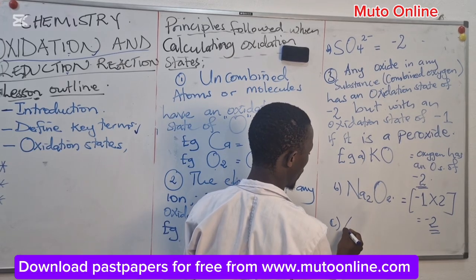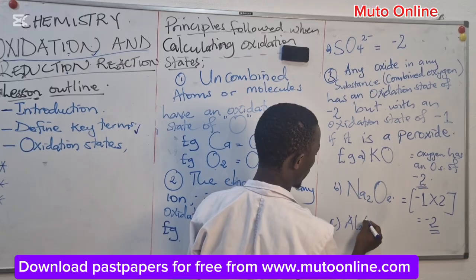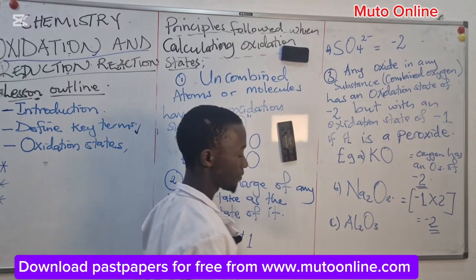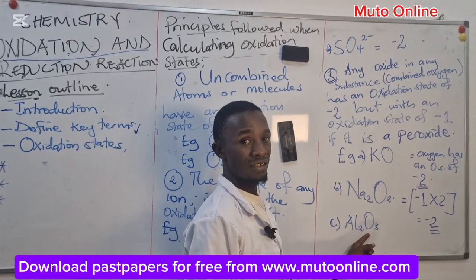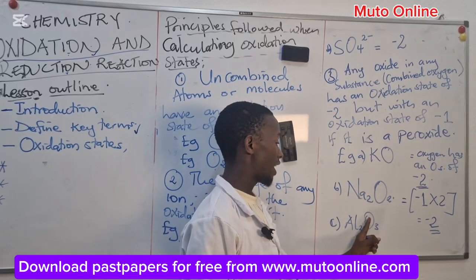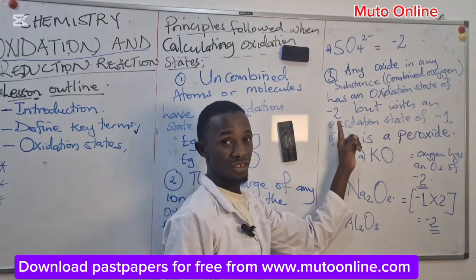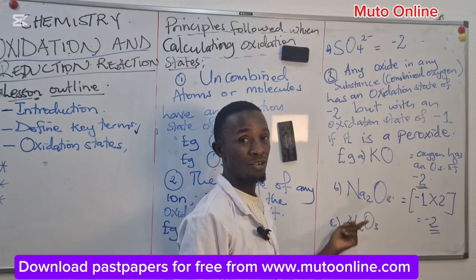For example, in aluminium oxide, the oxidation state of oxygen remains -2 if it is an oxide, not a peroxide, in a combined state.